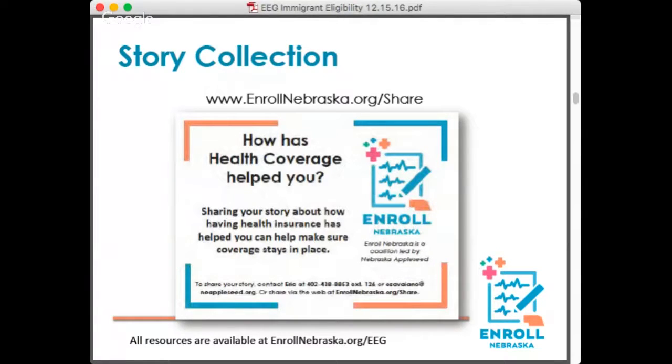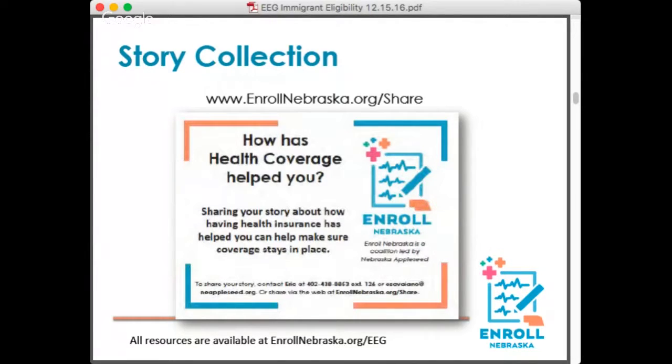We also have on the Enroll Nebraska website these postcards that can be printed on 8.5 by 11, and can be distributed or posted around your office. It's in English and Spanish, and we'd love to hear from folks who have gotten coverage through the Affordable Care Act and talk about next steps with those.